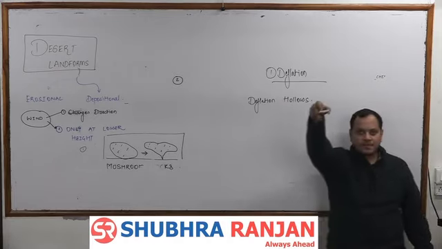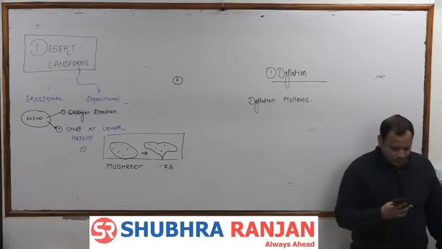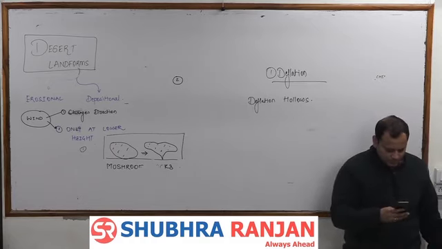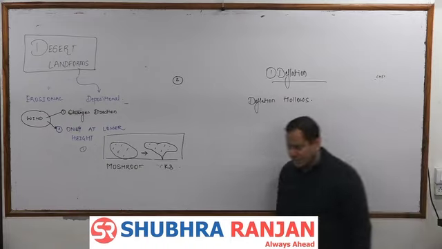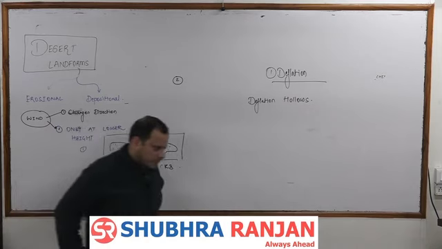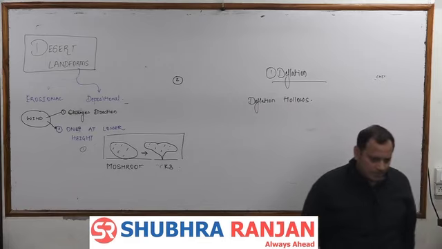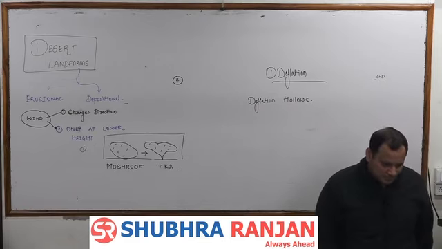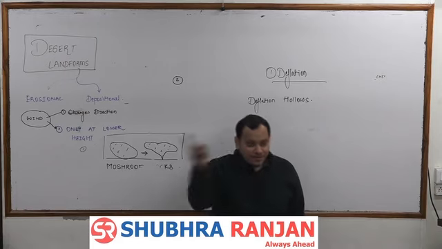Open the atlas and open the map of Africa. Tell me the page number. 92. Look at the physical map of Egypt.